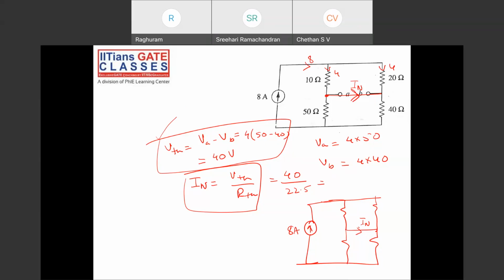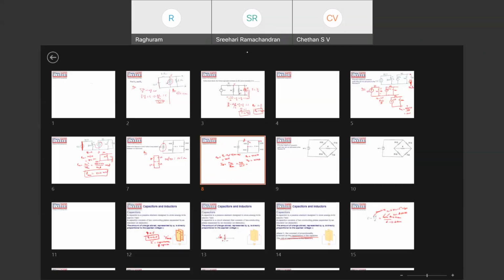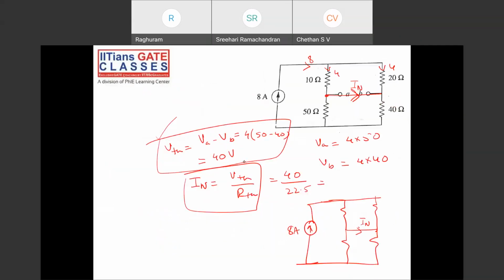Understood it, right? Any clarifications needed? Any other method, sir? Yeah, there is one more method.